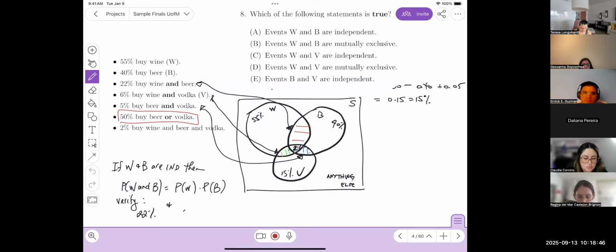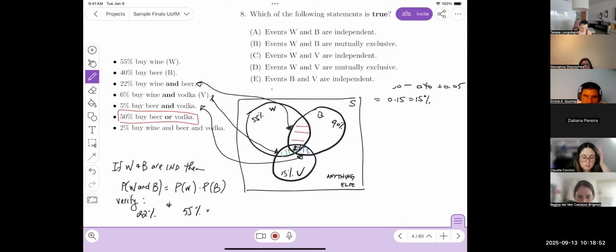W is 55, and beer is 40. If 22 is the result of multiplying these two, then we would say they are independent. Is it true? What is 55 times 40? 22.